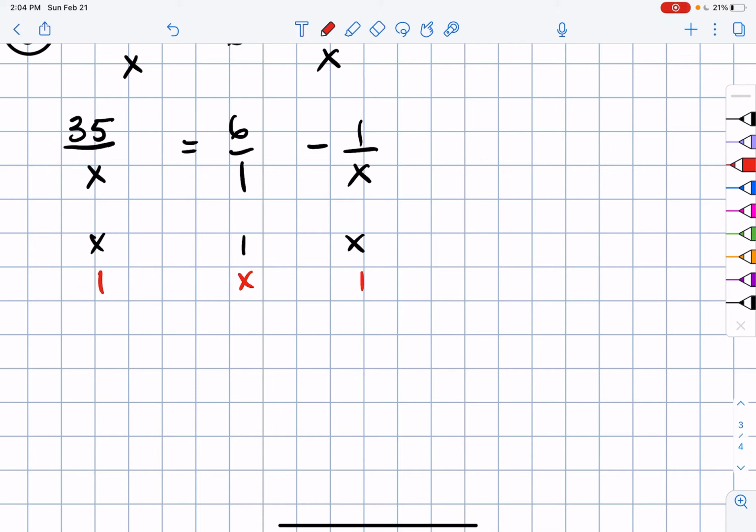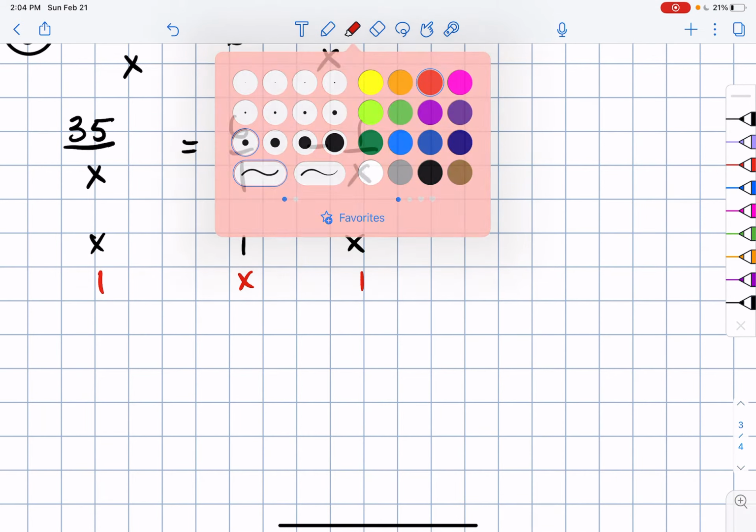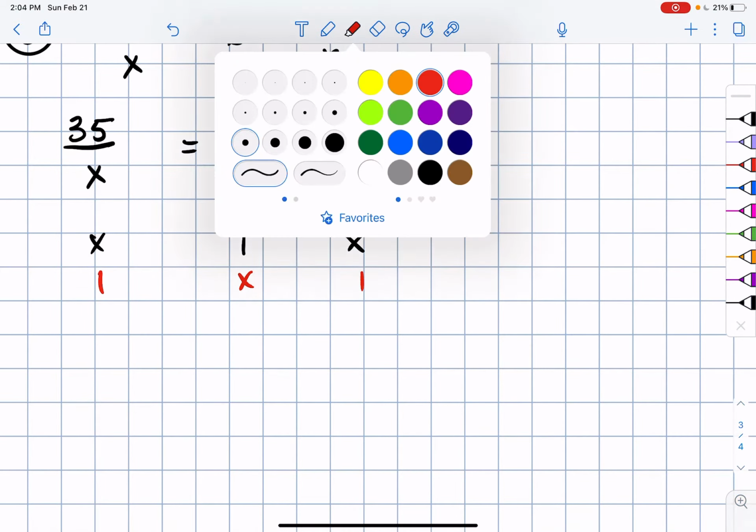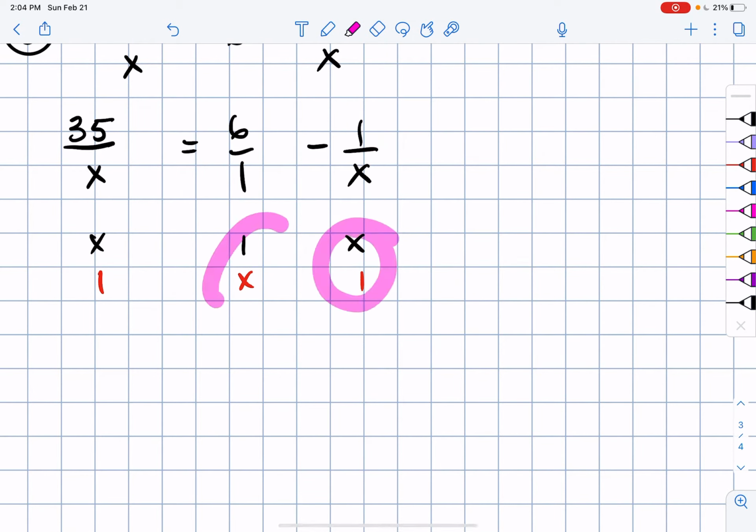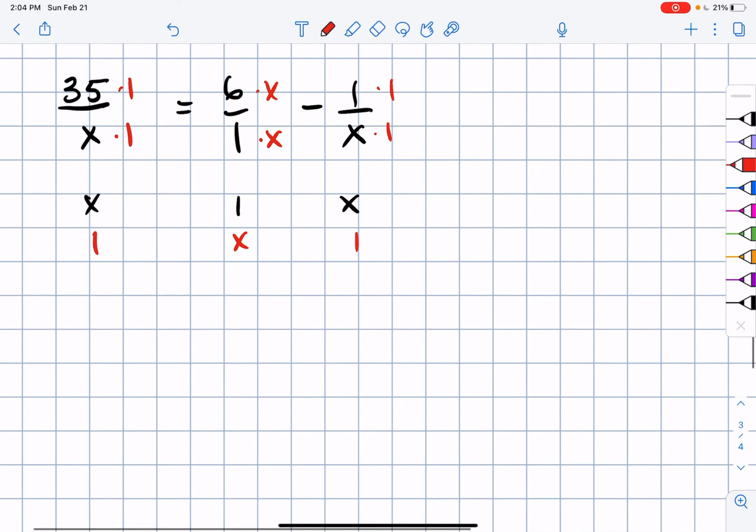So when I look at all these denominators, all of them have 1 times x. Okay? All right, so that means what I got to do is multiply this by 1, multiply this by x on top and bottom, and multiply this by 1 on top and bottom. So what do I have?